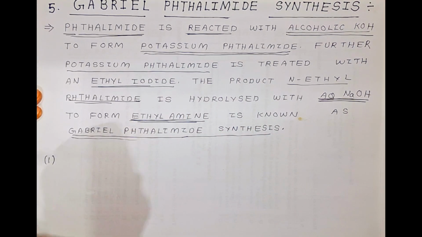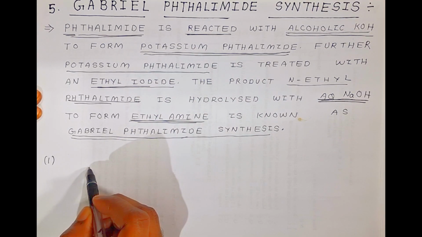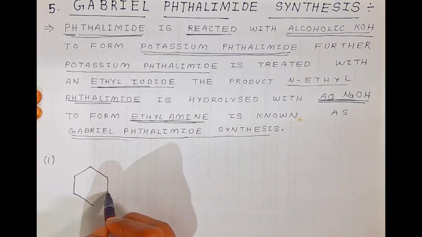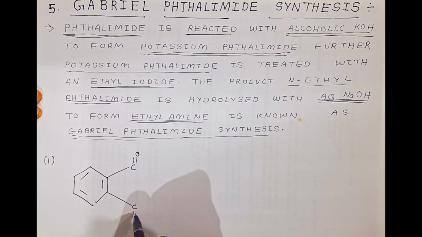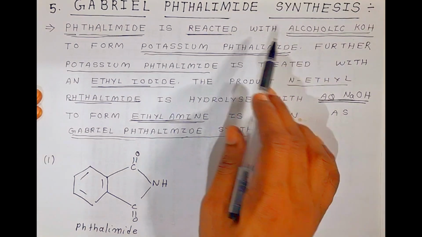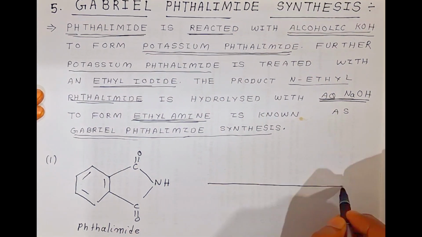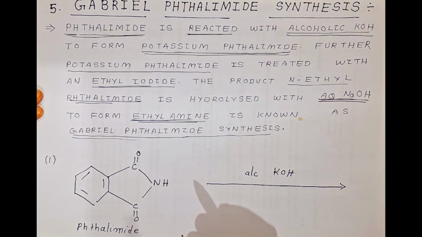The first process students, we have to use phthalimide. So this is the phthalimide students, a benzene ring connected to amide. Now this phthalimide is reacted with alcoholic KOH. So what happens students?